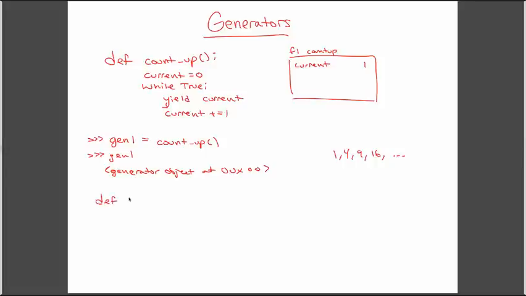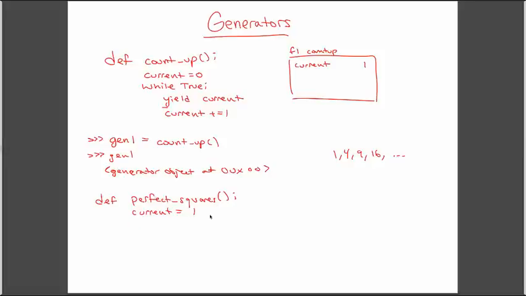I'm going to define perfect squares, and I'm going to keep track of some state here. So I'm going to keep track of some current, and I'm going to set it initially equal to 1. I know I'm going to return current squared.